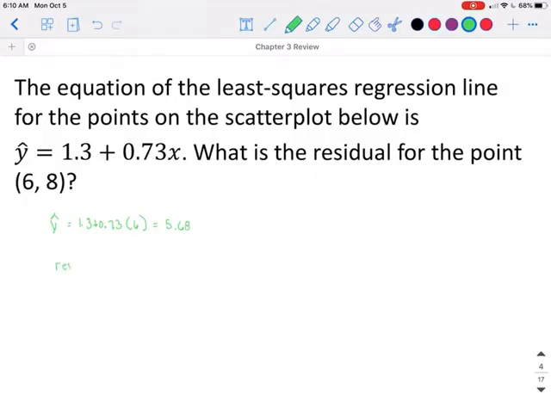To find the residual, we do the observed minus the predicted. So in this case, we observed a value of 8, we predicted a value of 5.68, which means our residual would be 2.32.